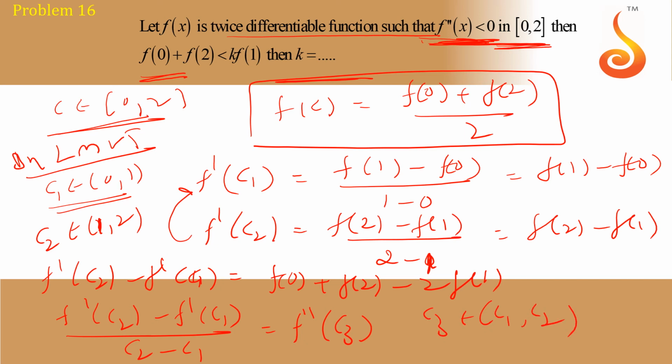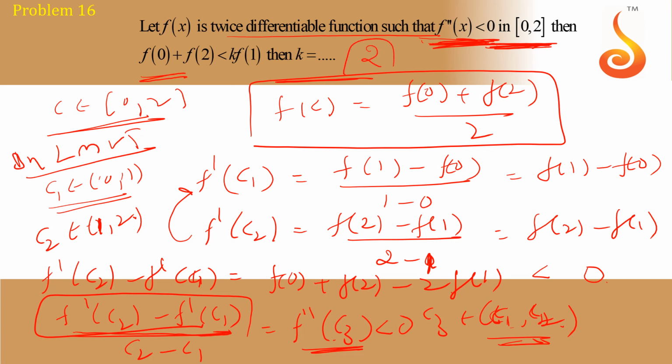C2 will be more, no? C1 and C2 are already in between 0, 1 and 1, 2, and f double dash x is less than 0 in 0 to 2, so I can say f dash C3 will be lesser than 0. Then this value which you got, f of 0 plus f of 2 minus 2 f of 1, will be less than 0. Then if you shift that side, k value will be 2.